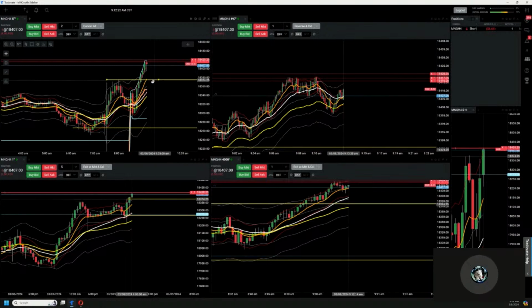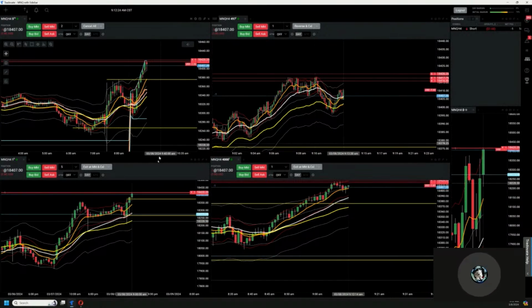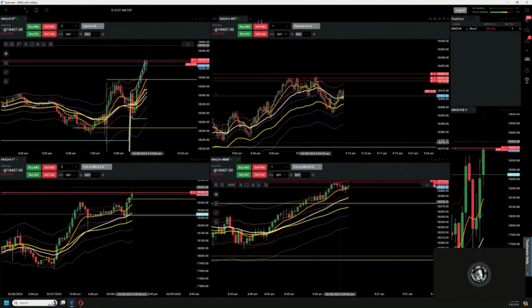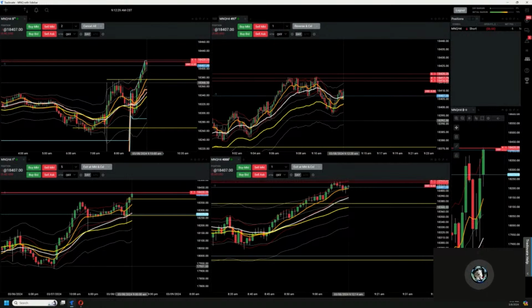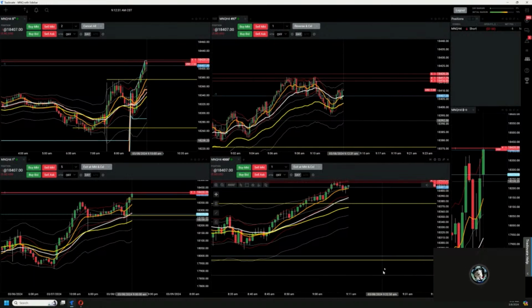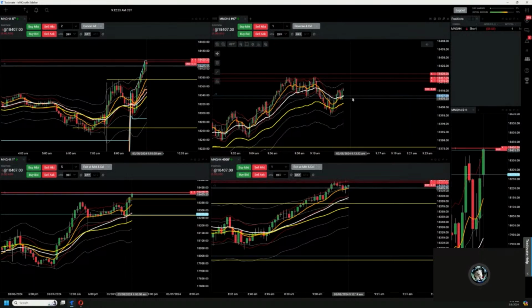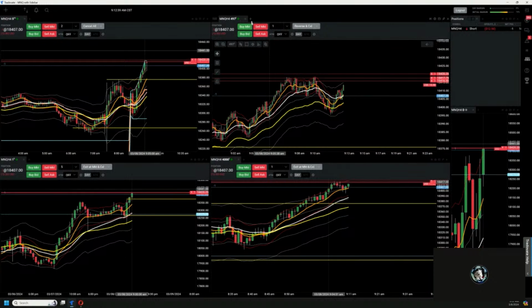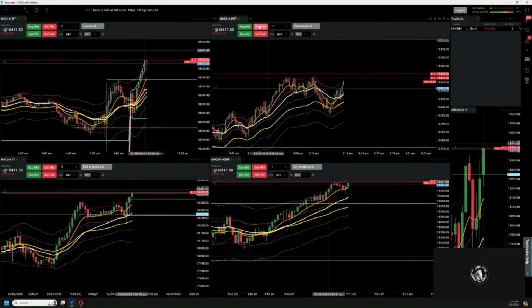I just don't like how far extended it is from the momentum indicators on chart one. So the momentum trade for me, I'd be leery on. I'd do a participation trade on that maybe. Order filled.